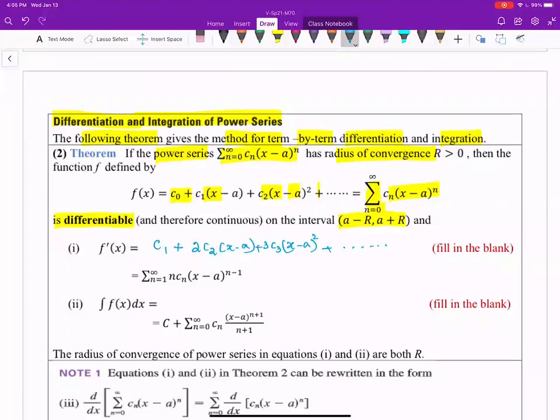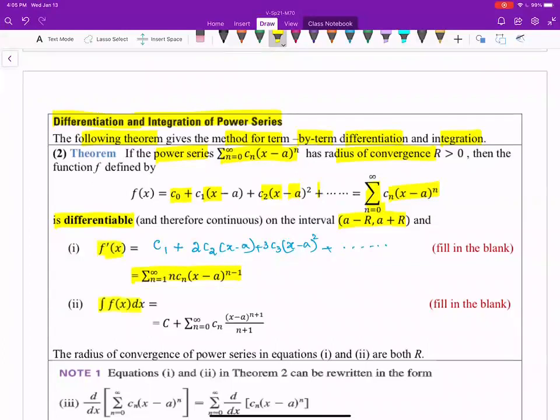This is the expanded version. If I write it in a concise way in the sigma notation, it becomes sigma n varying from 1 through infinity n c sub n times x minus a to the power n minus 1. This is for the differentiation.